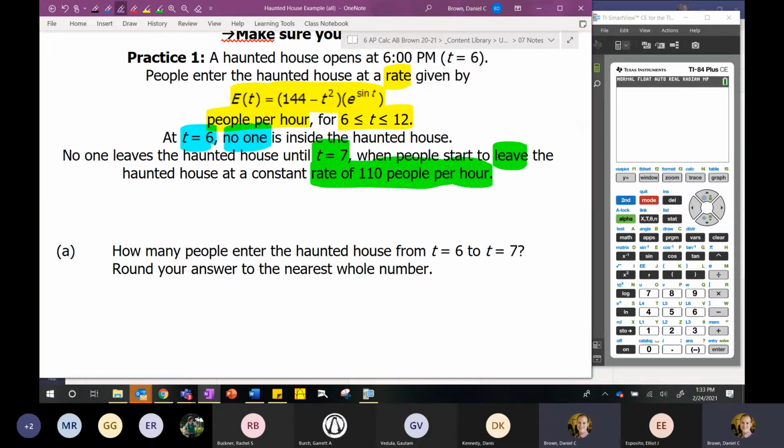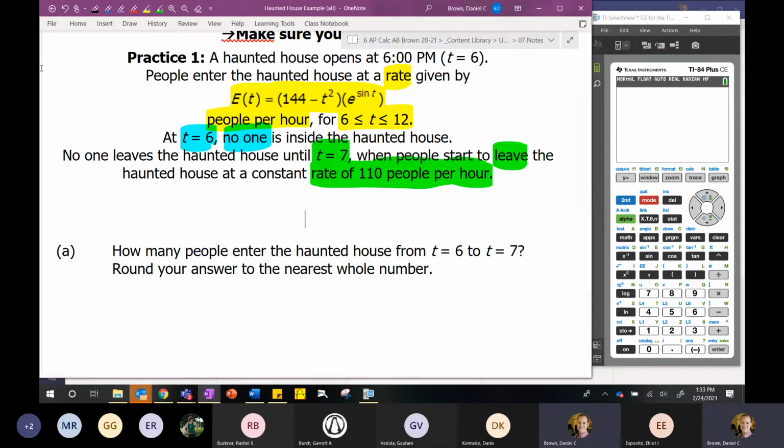So that 110 in itself is just another function. So we have E of t, the rate of people arriving, and 110, the rate of people leaving. There's always going to be two parts to this question. We always want to show the setup, and then the second part will be actually finding the integral, or finding the value.